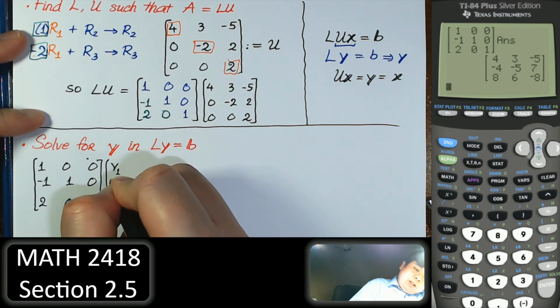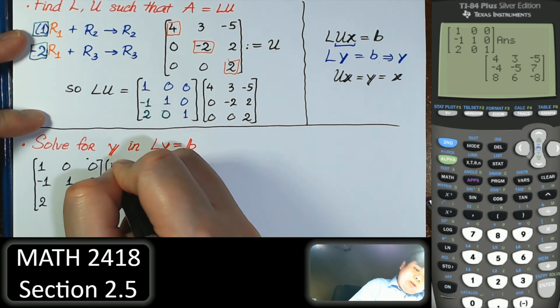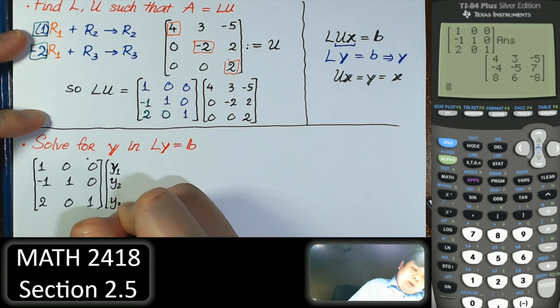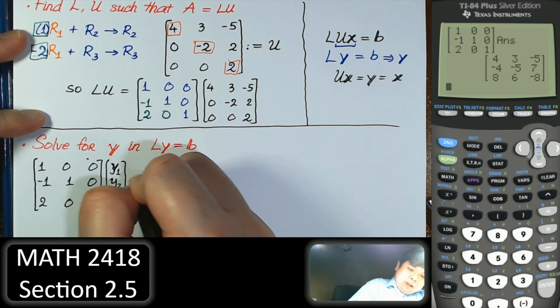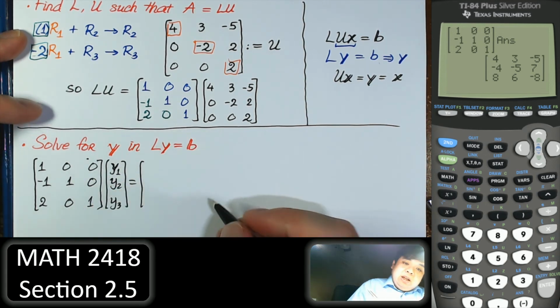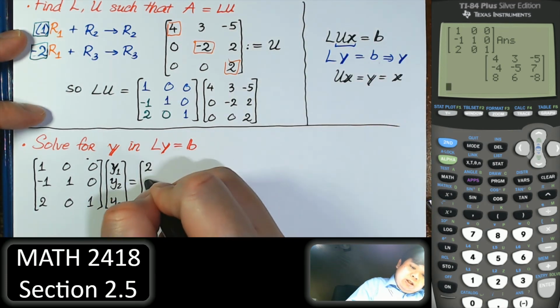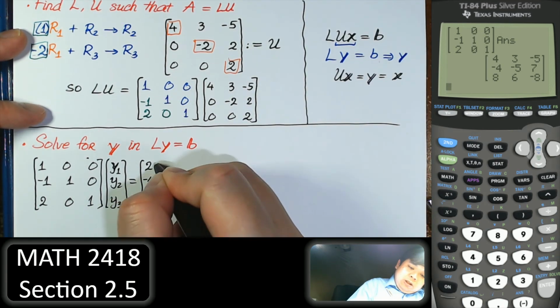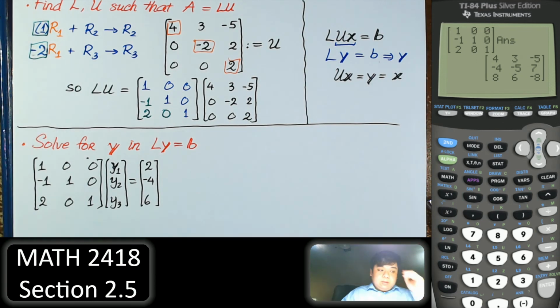Y1, Y2, Y3 equal to B, 2, -4, and 6. Right, so this is the fourth step.